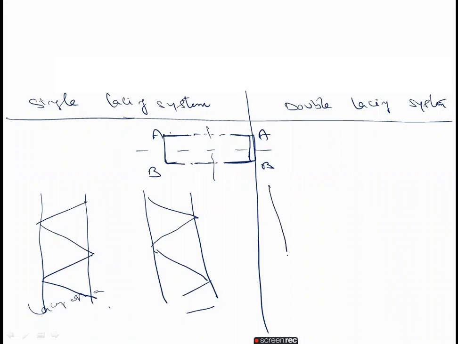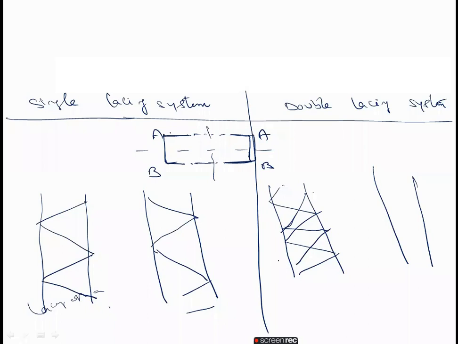For the double lacing system, on A and on B, how will we provide it? This is the double lacing system. Like this, we will provide the double lacing system.